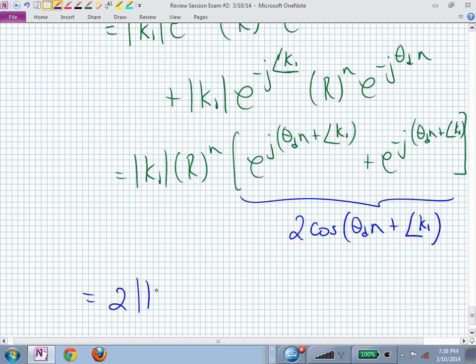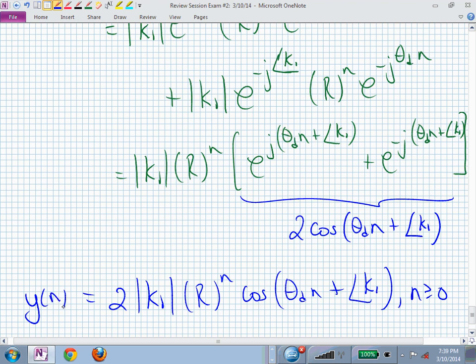That's 2 times the magnitude of k1, r^n, cosine of θ_d n plus the angle of k1, n greater than or equal to 0. That's y[n]. That's why it was what we said it was. And you don't have to rederive that. You can just write it down. If you know what k1 is as a complex number, now you can just write it down.